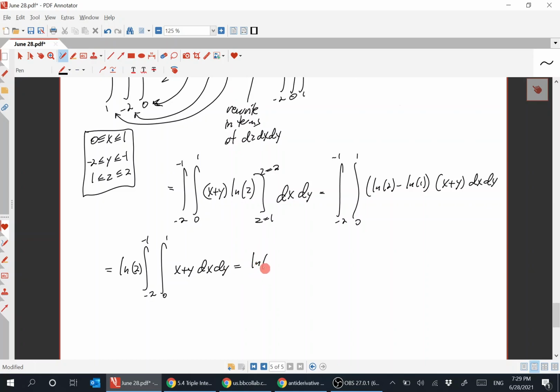Antiderivative with regard to x: this is 1/2 x squared plus xy from x equals 0 to x equals 1, and then we're left with dy.